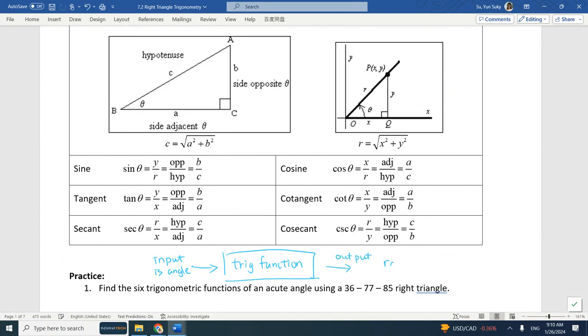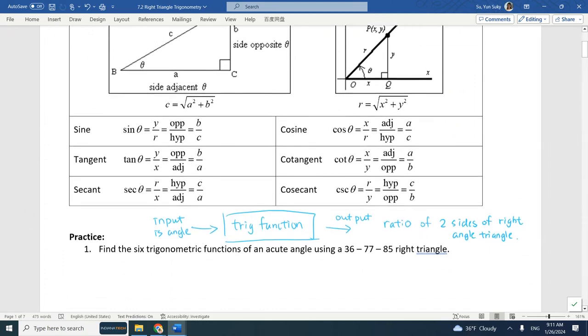Your output is a ratio of two sides of a right angle triangle. So the trig function is a function. It has inputs and outputs. Input is an angle, and the output is the ratio of two sides of a right angle triangle.